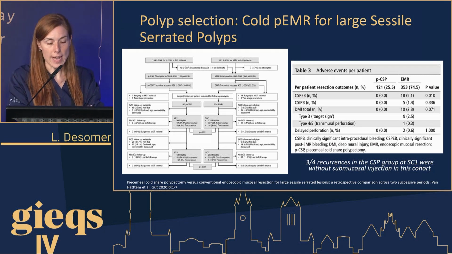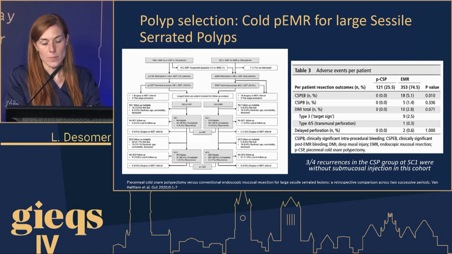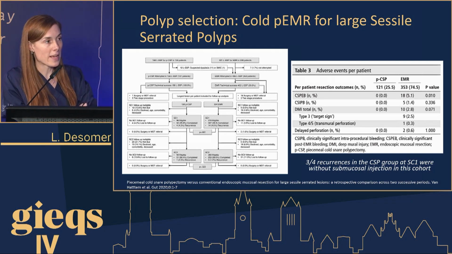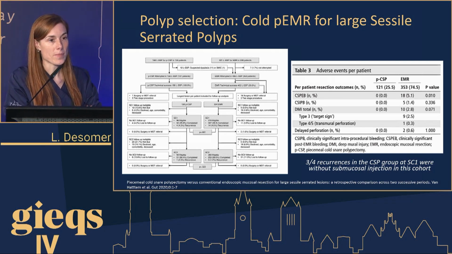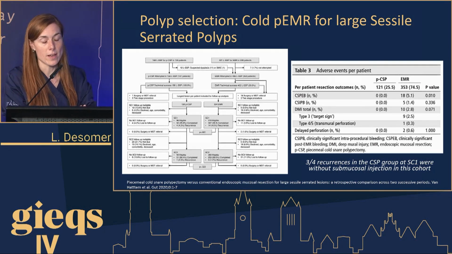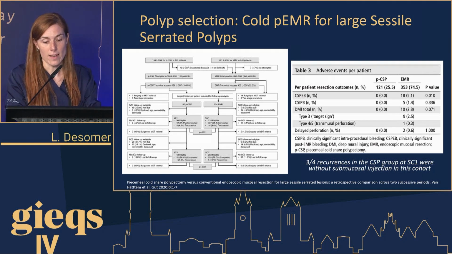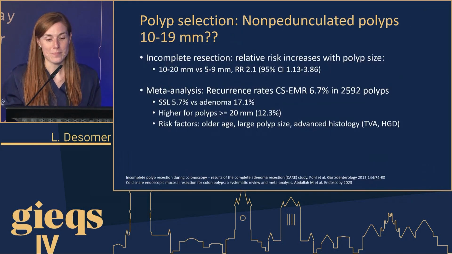However, again, in expert hands, and we must say that submucosal injection really plays a role here, that recurrences will mainly occur where serrated lesions were resected without submucosal injectate, again emphasizing the importance of delineation of the lesion. Again, the safety profile versus endoscopic mucosal resection, the conventional technique, is dramatic.